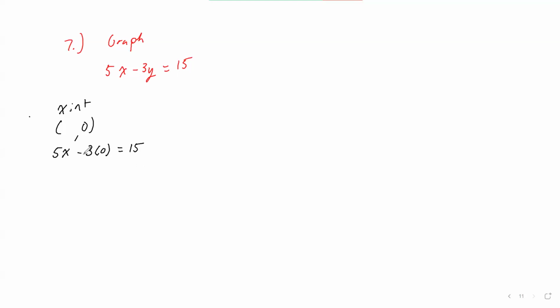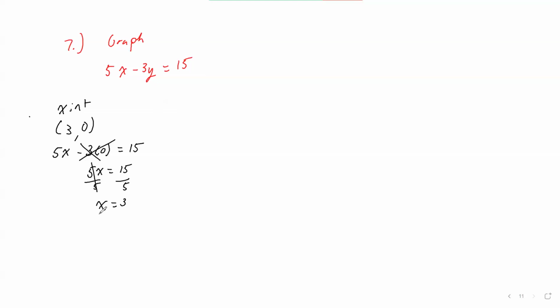What is -3 times 0? 0. So I do not need this. I can drop down my 5x equals 15. So I'll divide by 5. Next gives me 3.